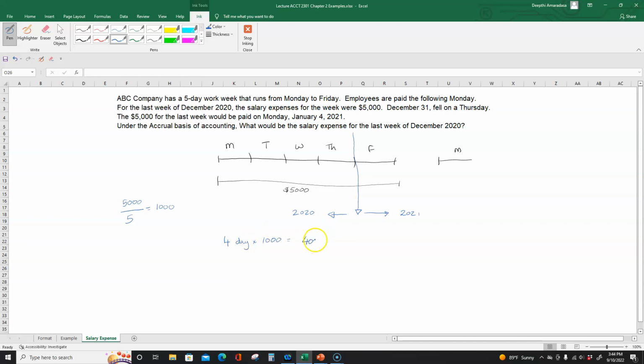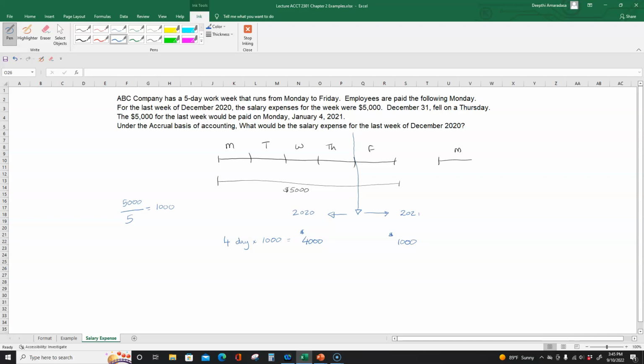Therefore, $4,000 would belong to 2020, and the remaining $1,000 would belong to 2021. So what the company would do is they would recognize or record $4,000 of this $5,000 weekly salary for the year 2020. The remaining $1,000 would be the expense for 2021. That is the accrual basis of accounting.